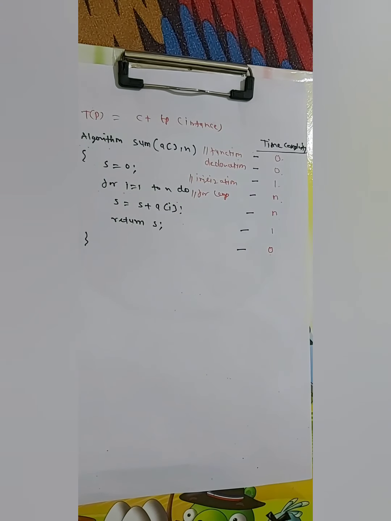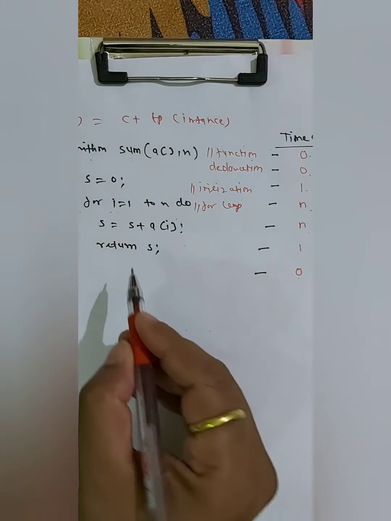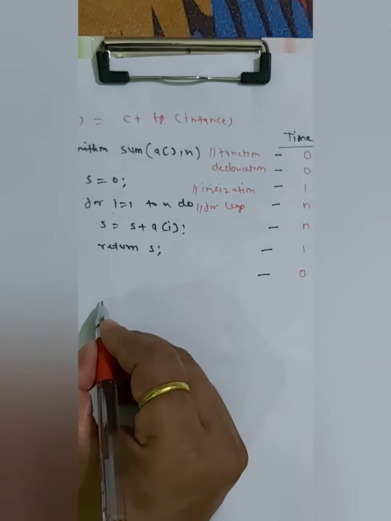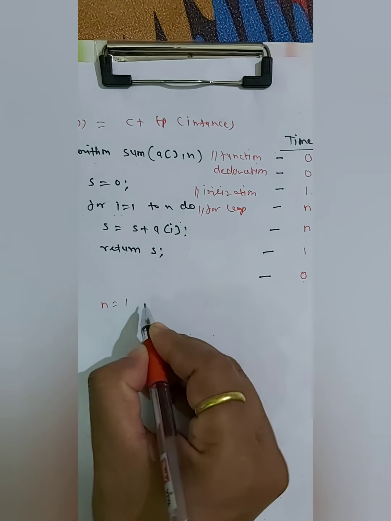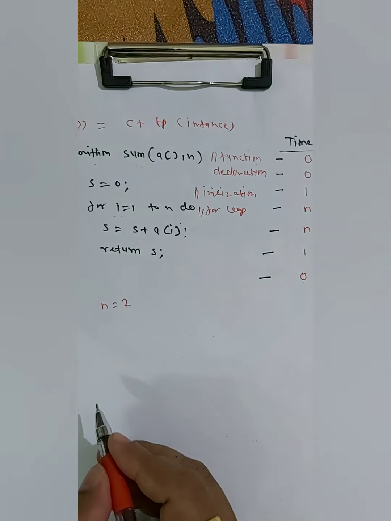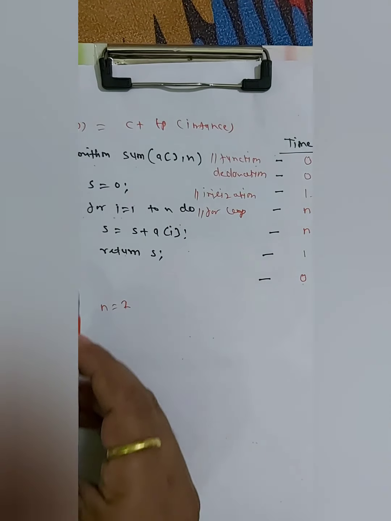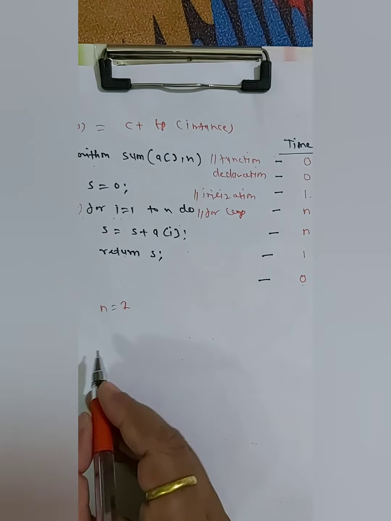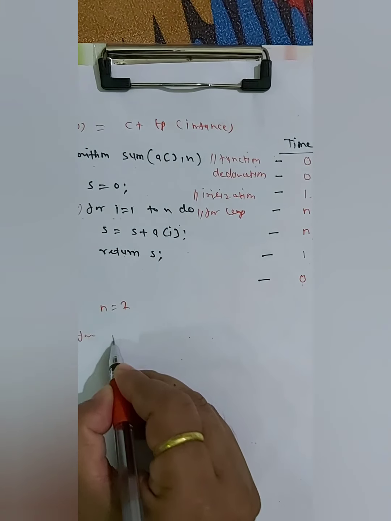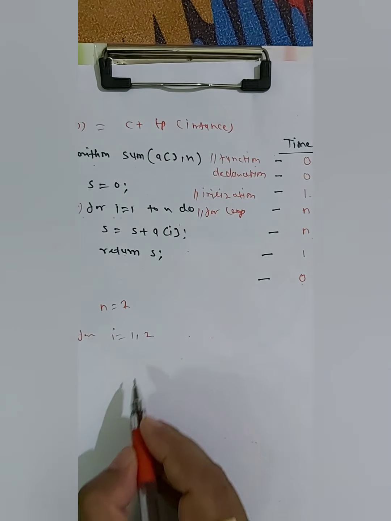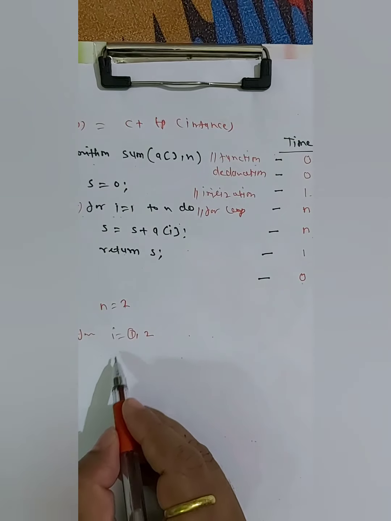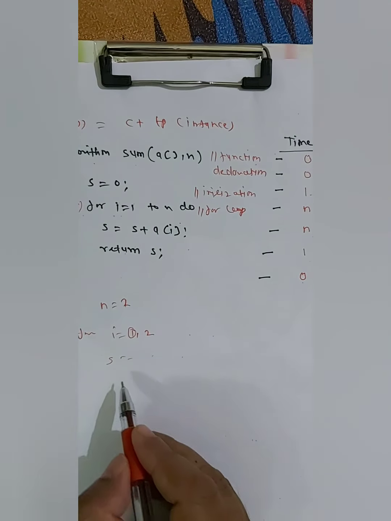Now we should understand exactly what happened in the program, so I will tell you. Suppose here I am taking the n value, so n is equal to 2. Now the program will come to the for loop, for I equal to 1 and 2. The first time it will take 1, and the s value is changing.